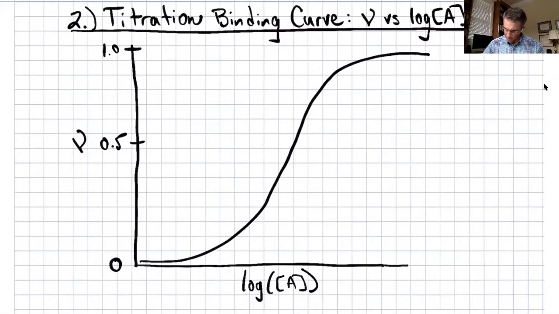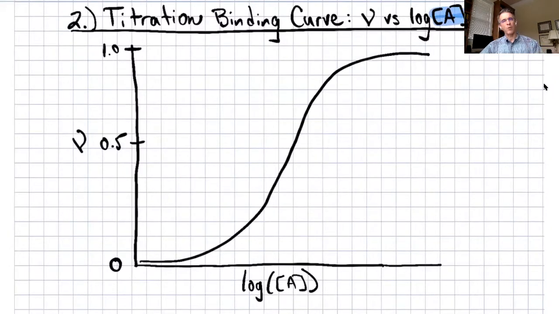Now, there are a couple of reasons, like I said, for using a titration binding curve instead of the standard binding curve. One is the issue that I've been dancing around here, this issue of putting a number with units inside a logarithmic expression.